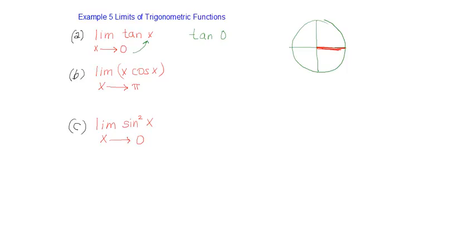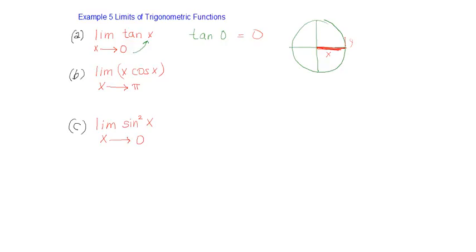The tangent is opposite over adjacent. This is the adjacent, but y would be the opposite, though there's no y, it's just x. So the tangent of 0 is 0. So the limit of the tangent of x as x approaches 0 is going to be 0.